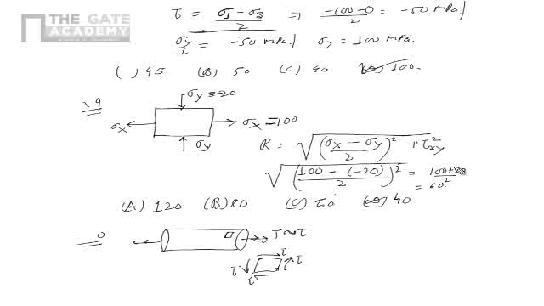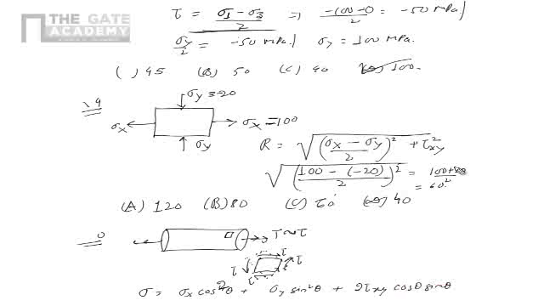Now when we orient the element to 45 degrees, it will become like this, and in the 45 degree direction it is only normal stress in this element, because the shear stress will get transferred to normal stress in the 45 degree direction. And we know that the transformation rule is sigma is equal to sigma x cos square theta plus sigma y sin square theta plus 2 tau xy cos theta sin theta.